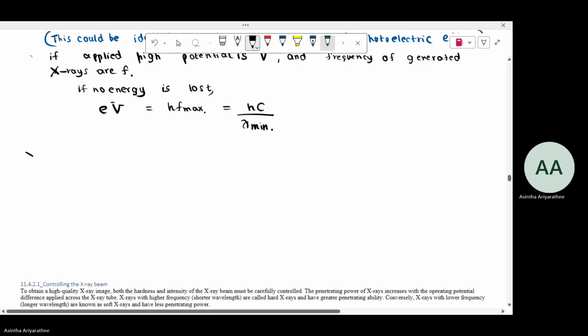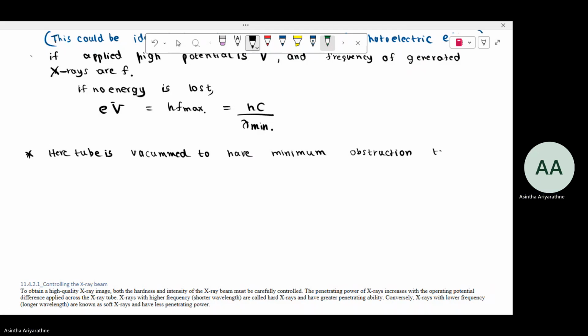Here the tube is evacuated to have minimum obstruction to the flow of electrons.